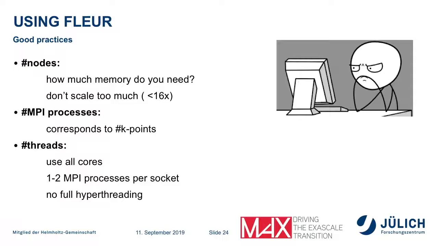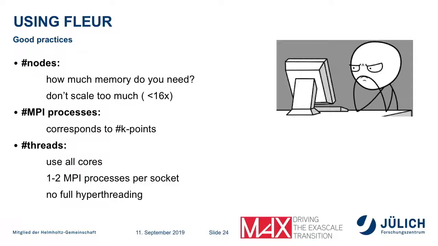Then when you choose the number of MPI processes, think about k-points, so they match. And when you use multi-threading, use all cores on your node.